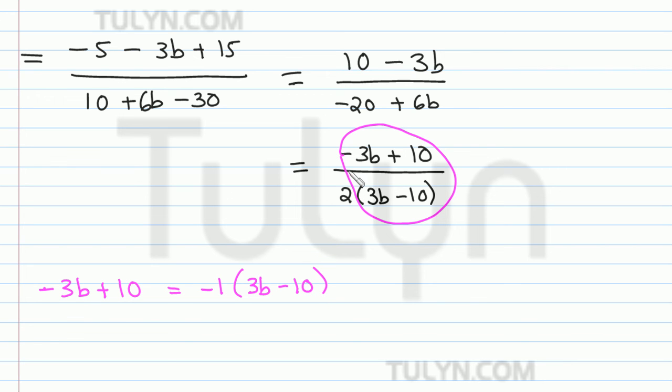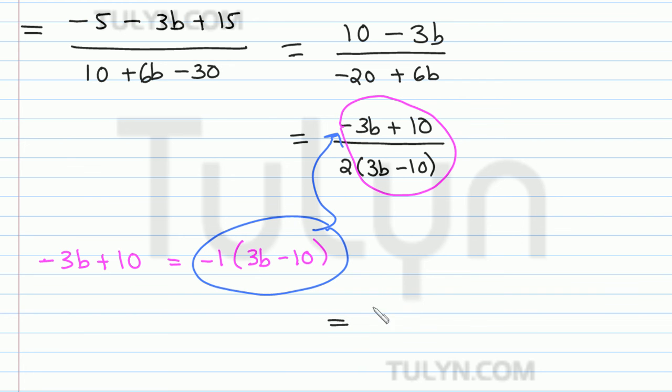So we can get negative 3b plus 10 to look like positive 3b minus 10. We just have to factor out a negative 1. So since we have this set up, I'm going to replace this bit into the numerator.